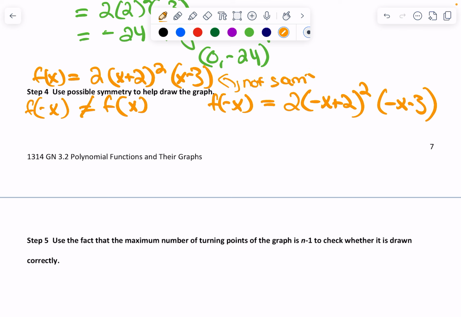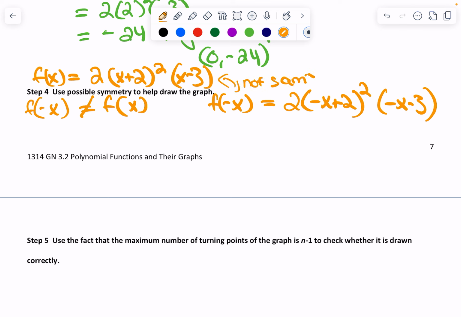Now we're going to see if there is origin symmetry. So we're going to see if f of -x equals -f of x. We already have calculated f of -x. Now what we need to do is see if -f of x is the same. So -2 times (x plus 2) squared, and for this one, we need to use the original, times (x minus 3).